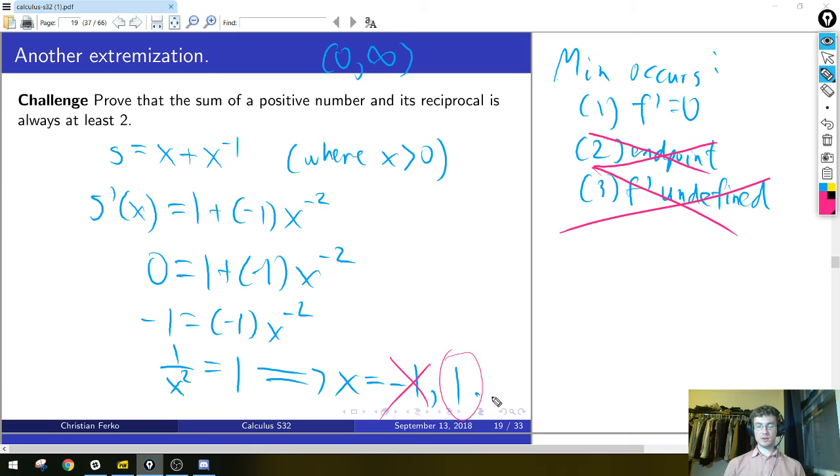So this is either a local max or a local min. Well, I say local, but actually we've ruled out the other two possibilities, so this is either a global max or a global min. How do we decide whether x equals 1 is the global max or the global min?